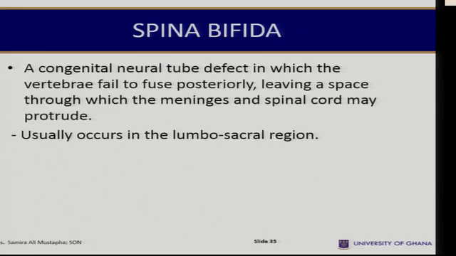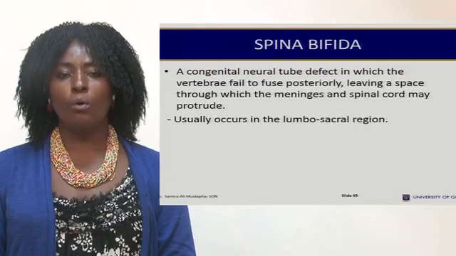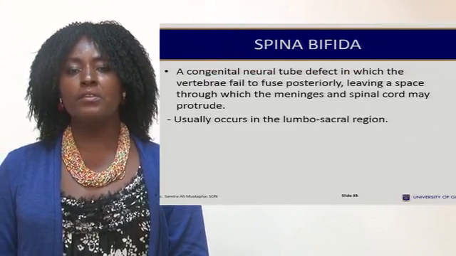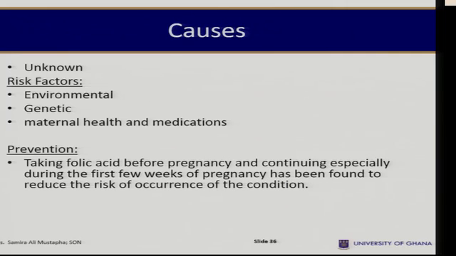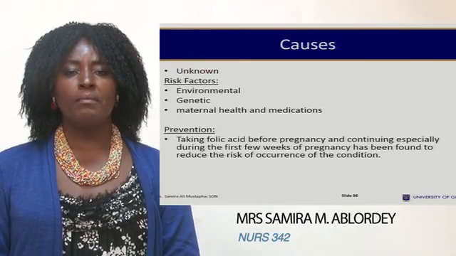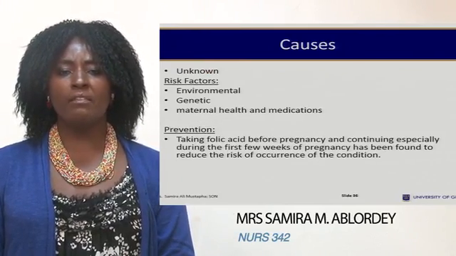So it's also a congenital neural tube defect in which the vertebrae fail to fuse posteriorly, leaving a space through which the meninges and spinal cord protrude, and is usually in the lumbosacral region. The actual cause is unknown. However, there are some risk factors to do with maternal medical conditions, even rubella, genetic malformations, and some environmental factors.